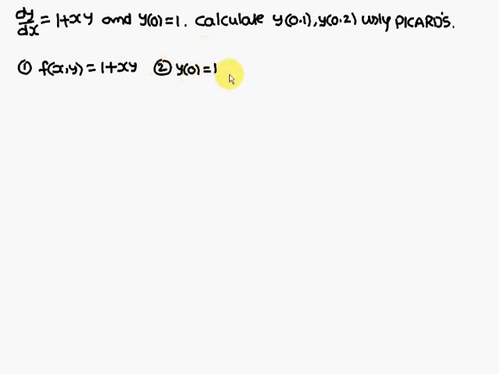He is asking y of 0.1, that is, if x is 0.1, what is the y value, and if x is 0.2, what is the y value. So x0 is 0 and y0 is 1.